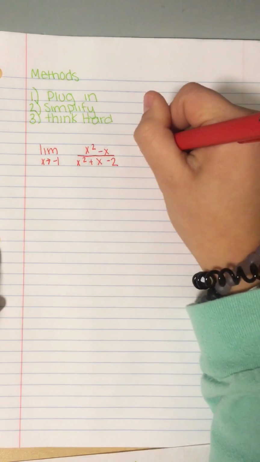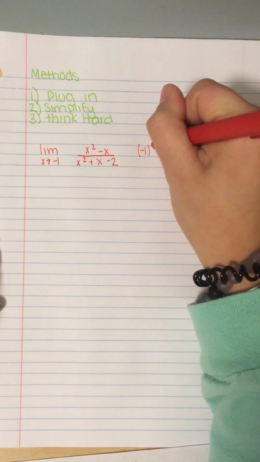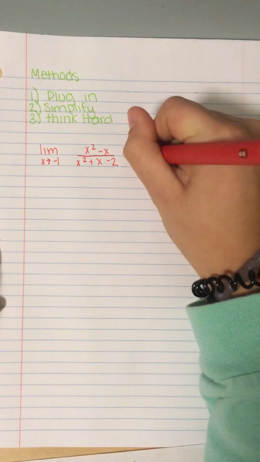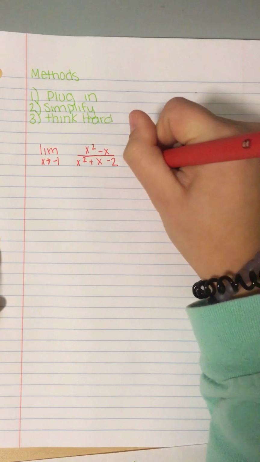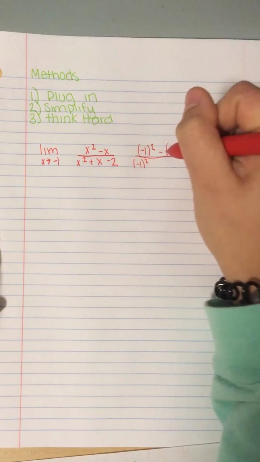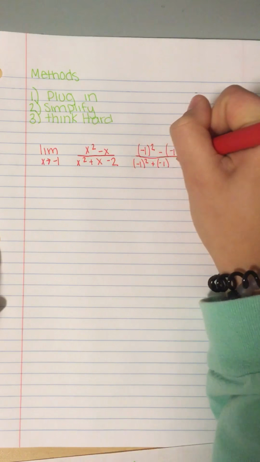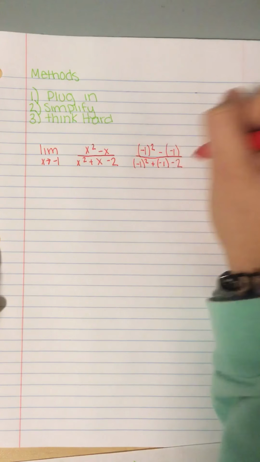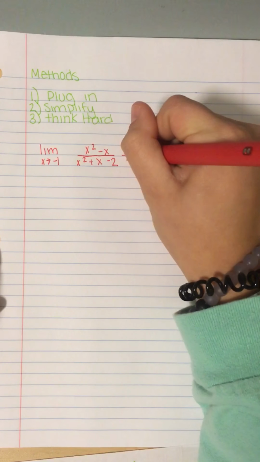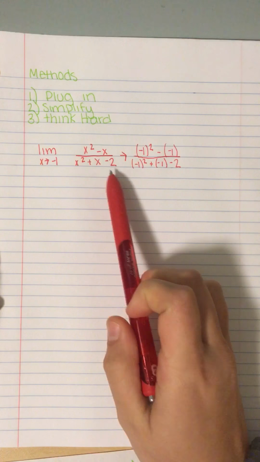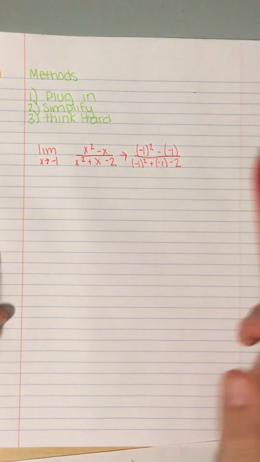So it's going to be -1 squared minus -1 over -1 squared plus -1 minus 2. As you can see, all we did is plug in -1 wherever there was an x in the original equation.